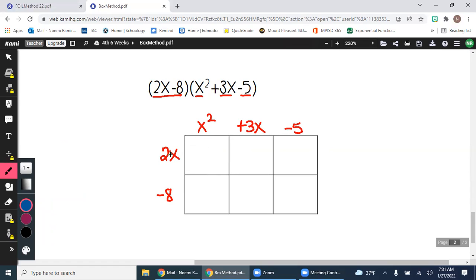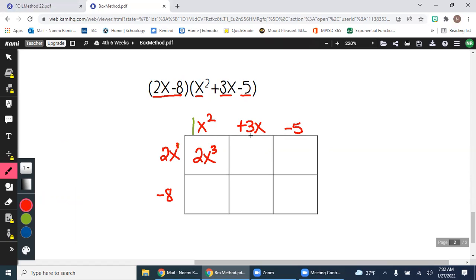That's why I got to show you. So 2x times x squared. For this one, I am going to put the training wheels back on. I'm going to put the coefficient and the exponent. Okay, so 2 times 1 is 2. X stays the same. With the exponent, you add them. So 1 plus 2 is 3.